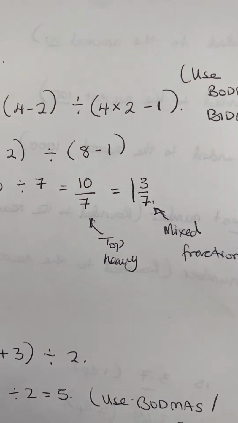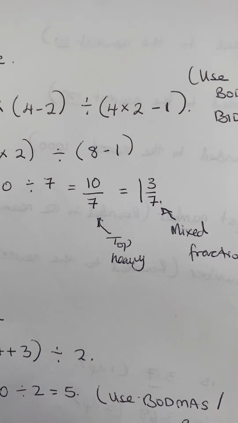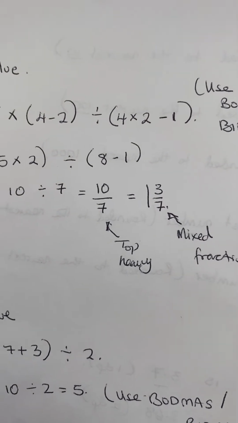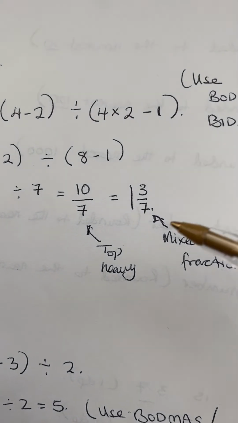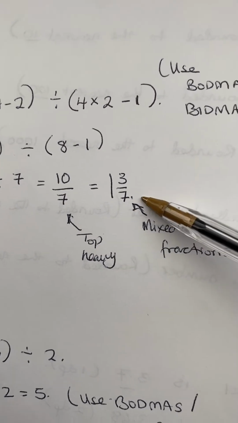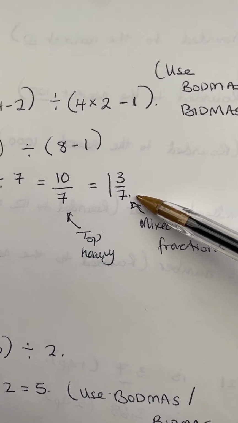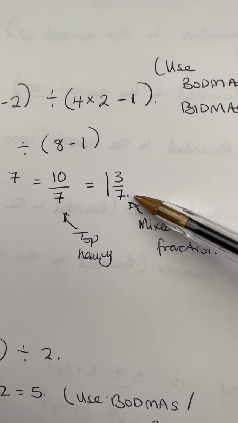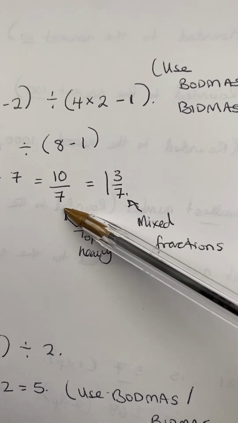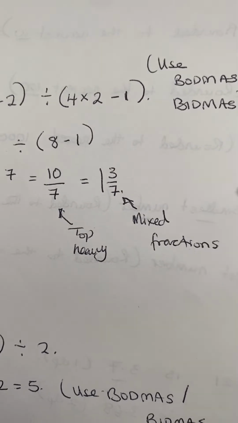It will give you 1 point something, and then they may say to one decimal place or to one significant figure or whatever. These questions always come. But if not, for the sake of time, this answer is right. So don't look for too much work for yourself. If they've not asked you to do something, just put it in the simplest form. It's top heavy, but this is the simplest form, and then get on with the next question.